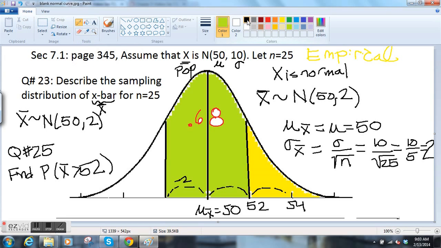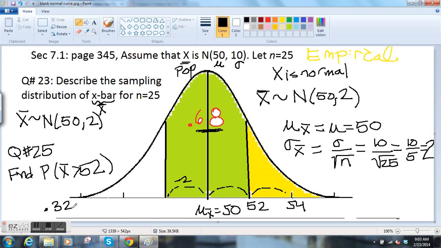We know 68% is in the middle, and that leaves 100 minus 68. So you go on your calculator, 100 minus 68, or 1 minus 0.68. That leaves 32% for both sides.